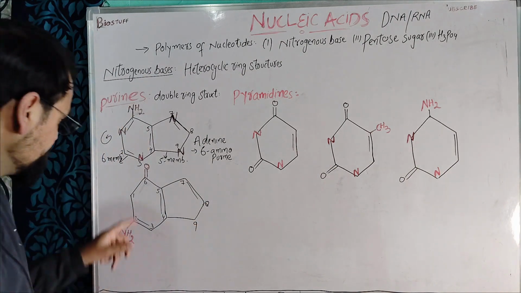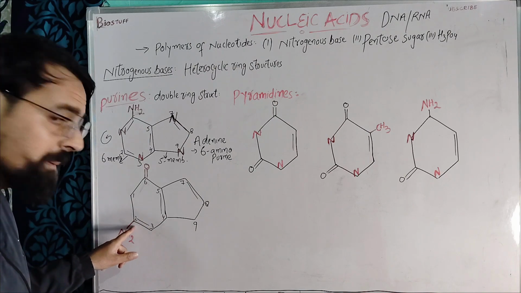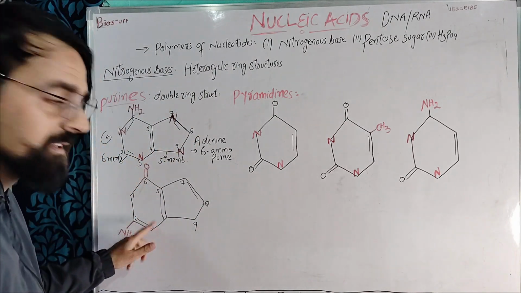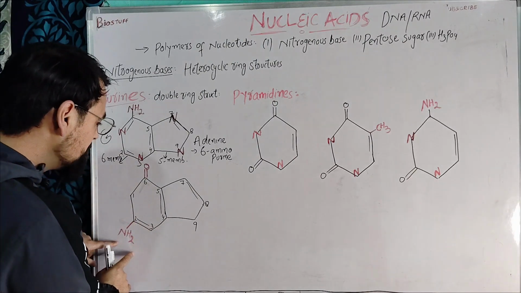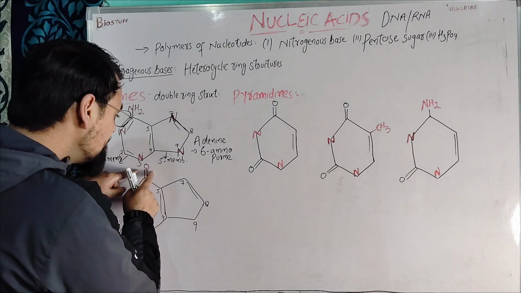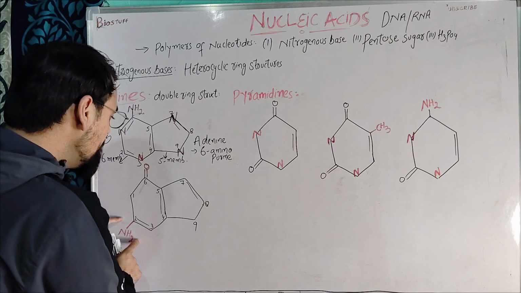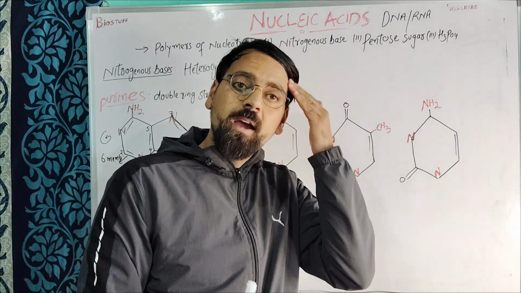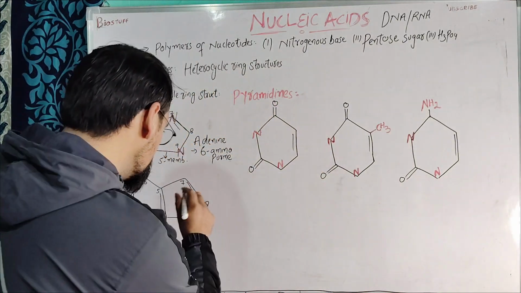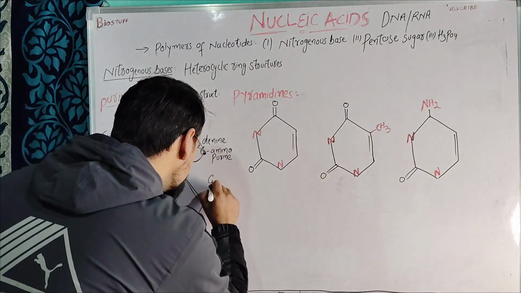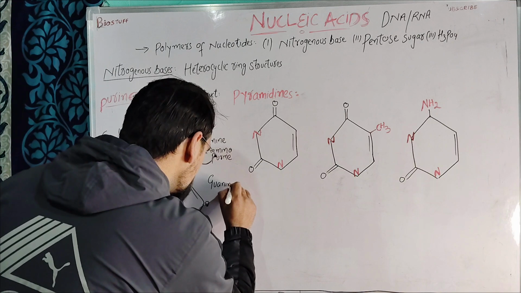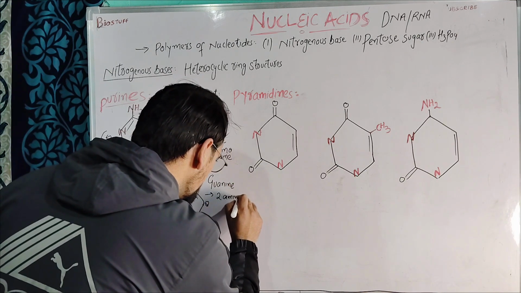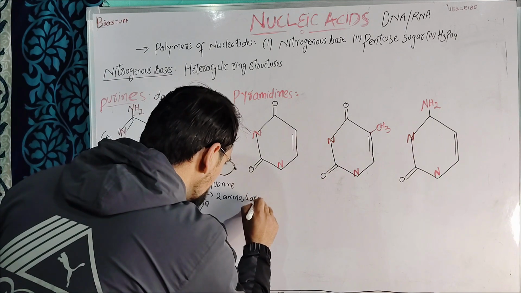So, what is guanine? 2 amino, 6 oxopurine. At position number 2, we have the amine group, and at position number 6, we have the oxo group. It becomes 2 amino, 6 oxopurine. So, guanine is 2 amino, 6 oxopurine. This structure is guanine.